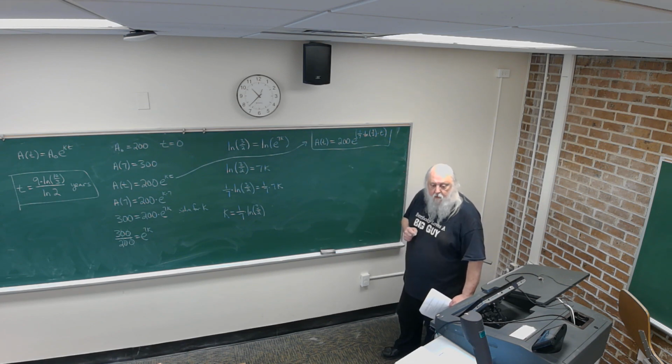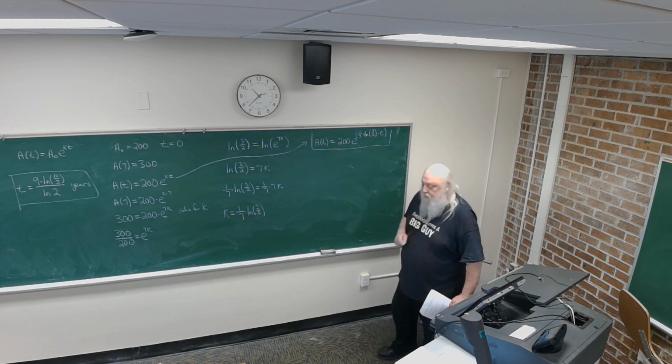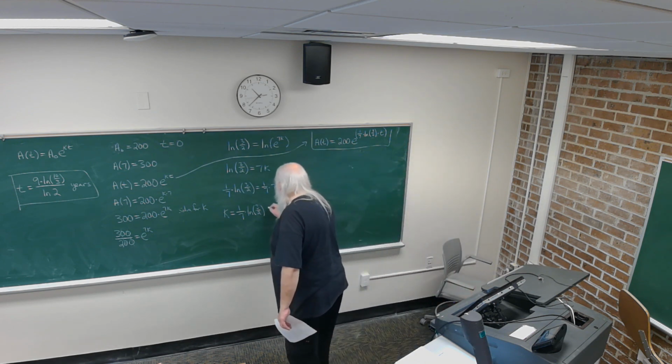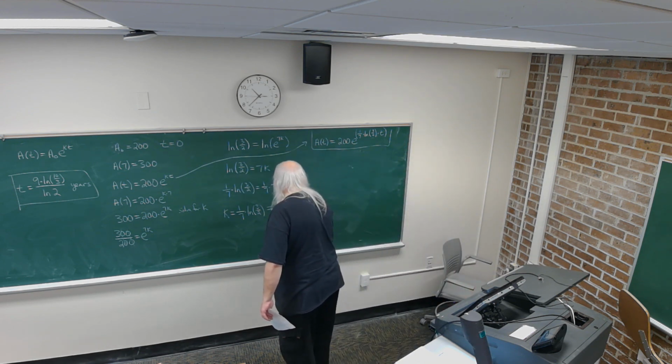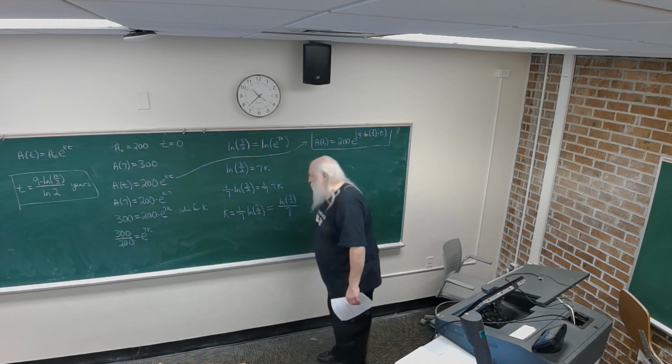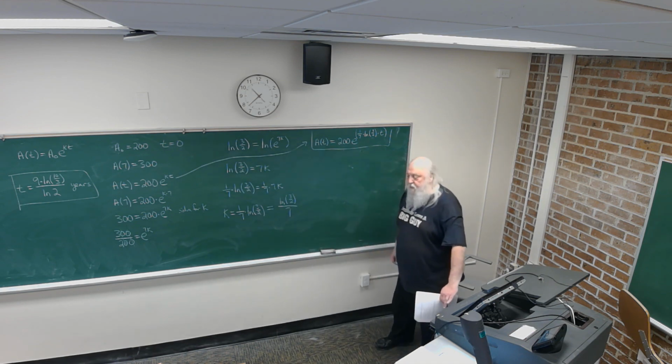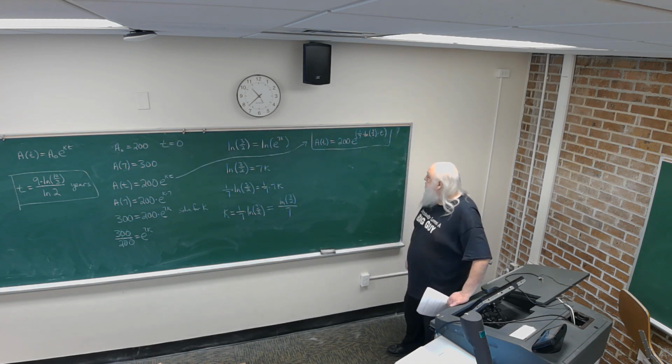Yes, ma'am. Can you write k as the natural log of 3/2 over 7? Yeah, this is equal to the natural log of 3/2 over 7. You can do the same. Yeah, you can do that. Certainly.